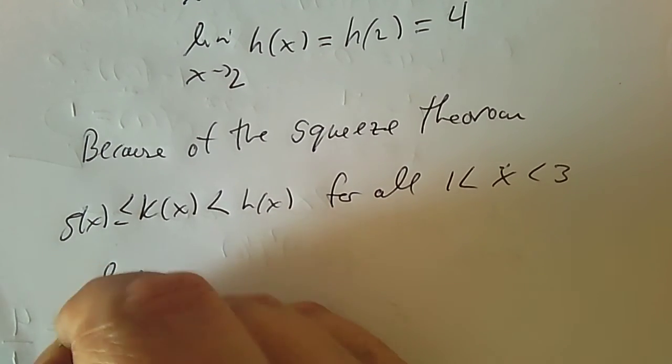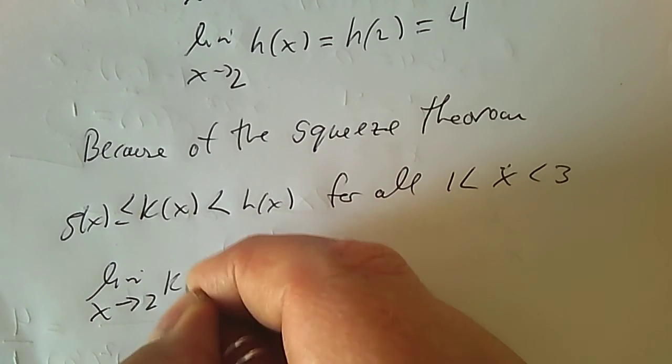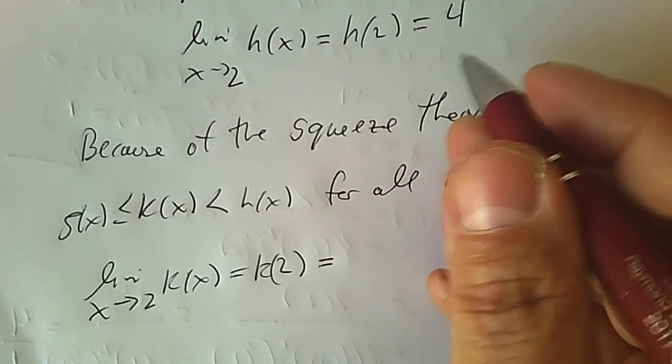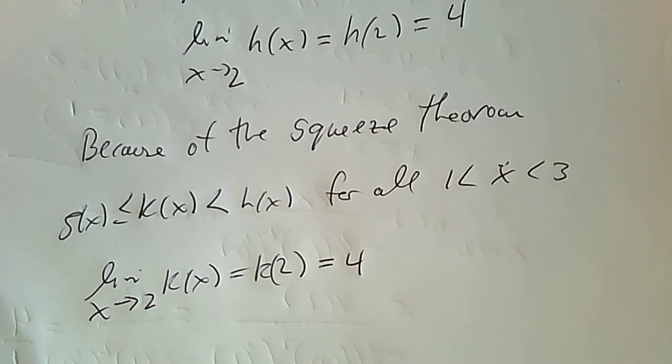The limit as x approaches 2 for k at x, which is k at 2, is going to equal the same as that, because it's squeezed between the two.